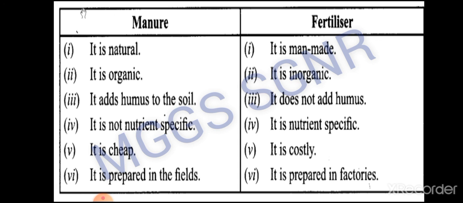So fertilizers are not friends of the farmer. These are not eco-friendly in nature. So that's why farmers are advised to use manure instead of fertilizers, because manures have more benefits for the soil than the fertilizers.